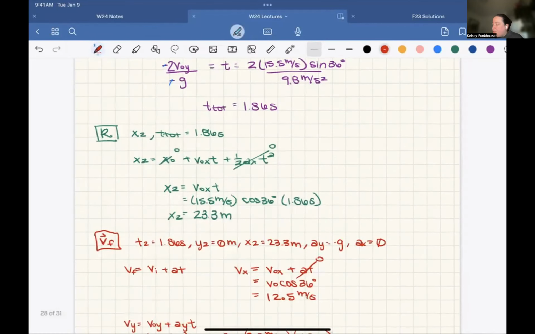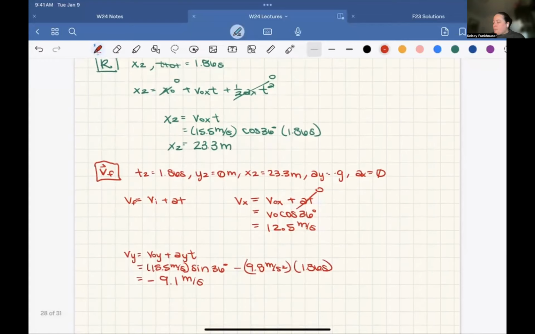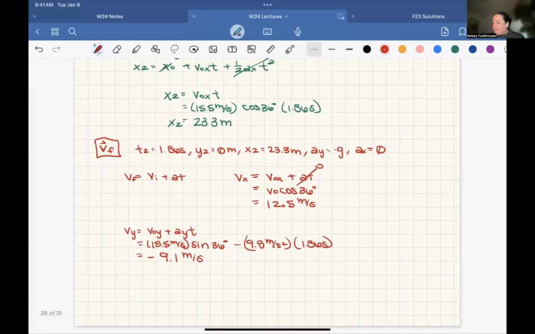And then we found the range, which is the x position at the maximum time, the time of the entire trajectory in this case, because it was launched from the ground. But do remember that the range is the x position when the object is at the same initial y height. Anyway, ours was 23.3 meters. And then we found the final velocity. We needed to find it in x and y.